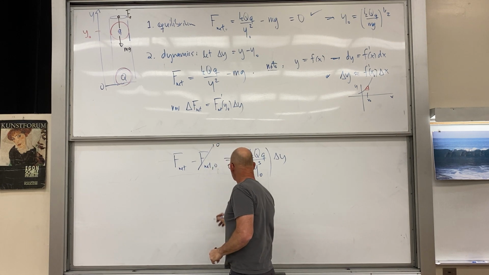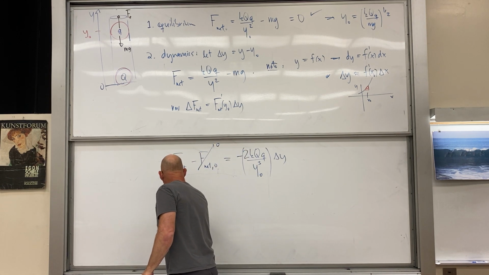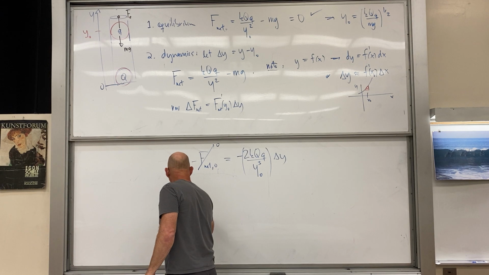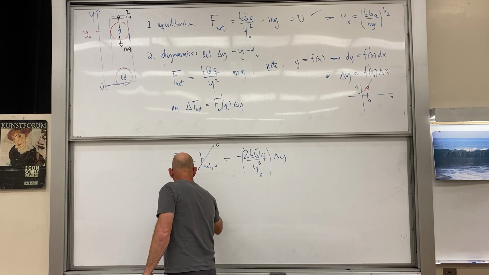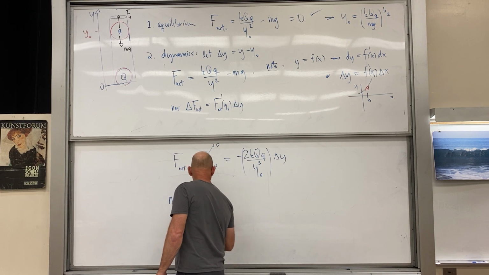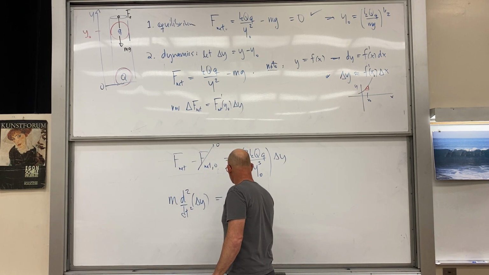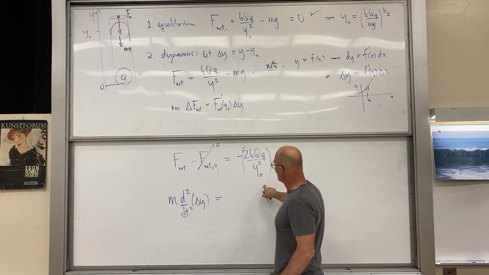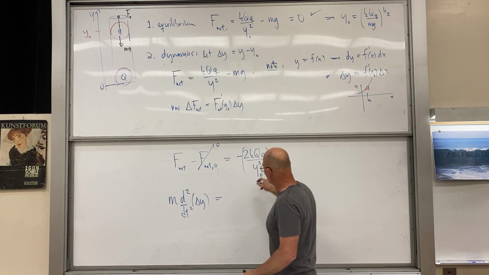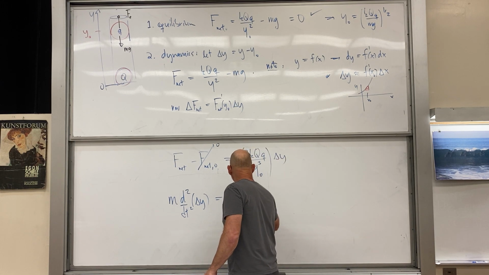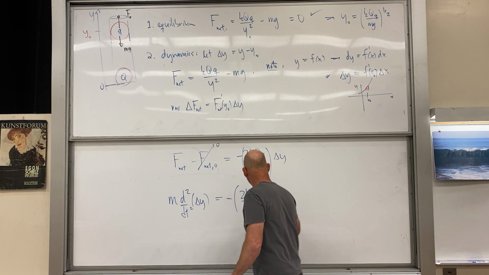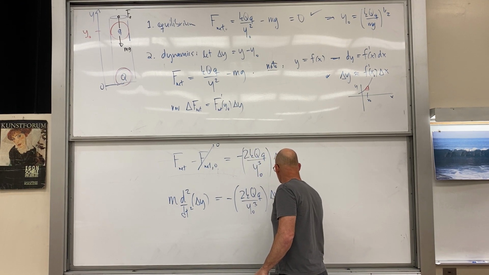So here's what we have. If we have m times d squared dt squared of our delta y is equal to minus 2kQq over y0 cubed times delta y.